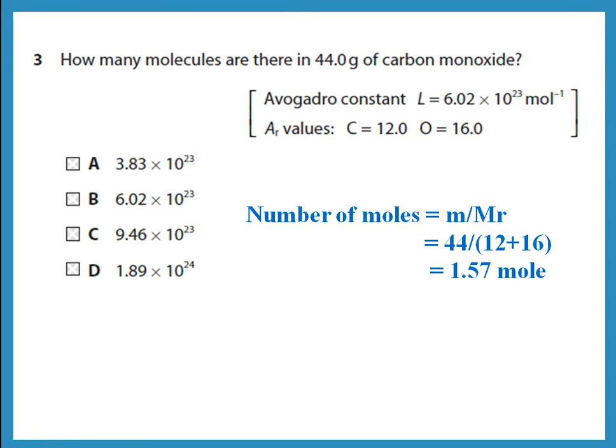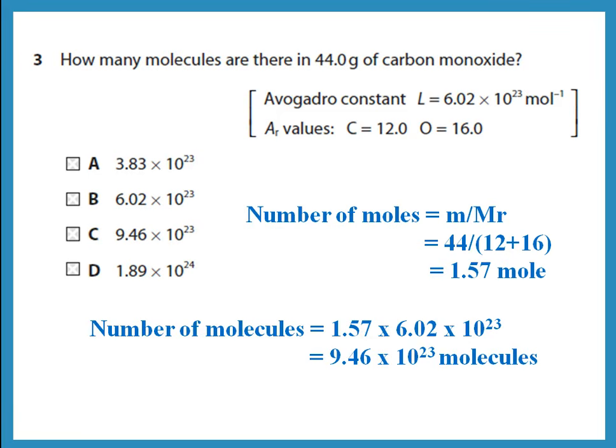The mass here is 44. Remember, this is carbon monoxide, so that means 1 carbon and 1 oxygen. And the total number of moles in this case is 1.57. Now, how many molecules? You know that in order to get the number of molecules, we multiply the number of moles by Avogadro's number, so this would be the correct answer.